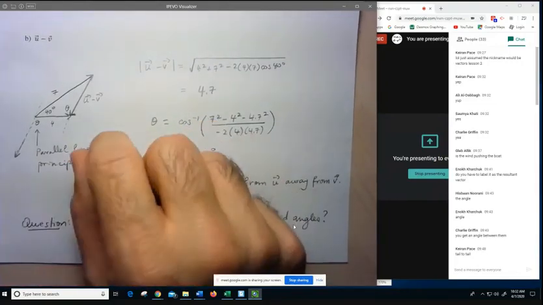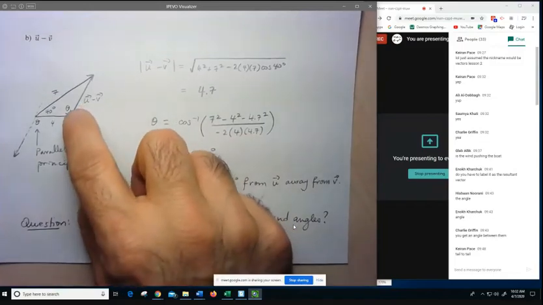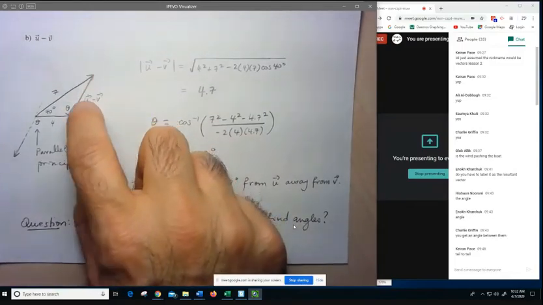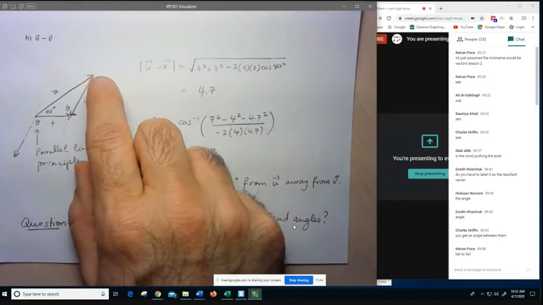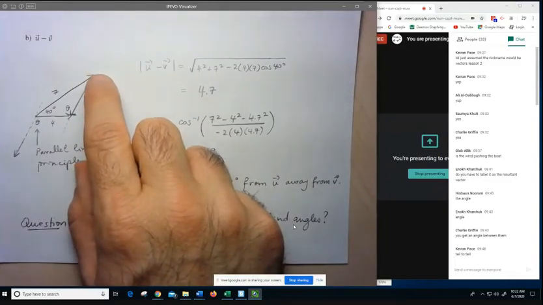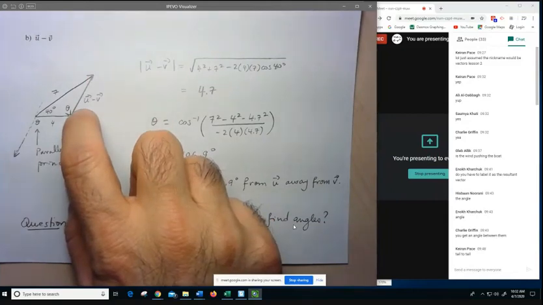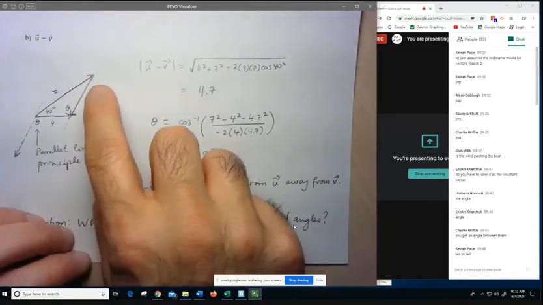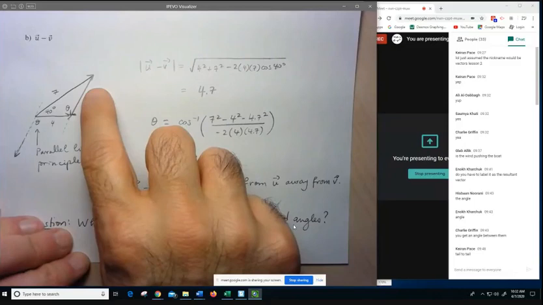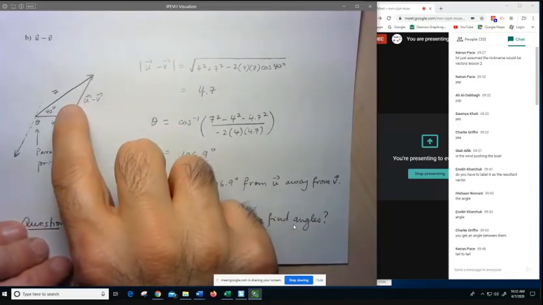The question is how are we going to describe this angle? This vector is not up against the tail of v, and it's not up against the tail of u. So what I did is I took my resultant vector, and again, what can I do with vectors? I can just move them over.